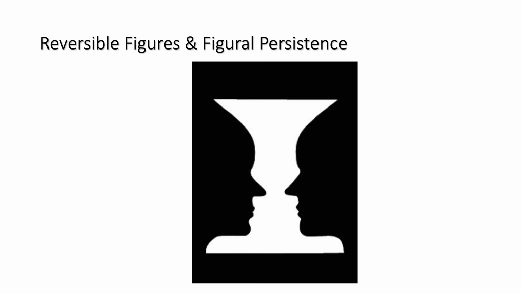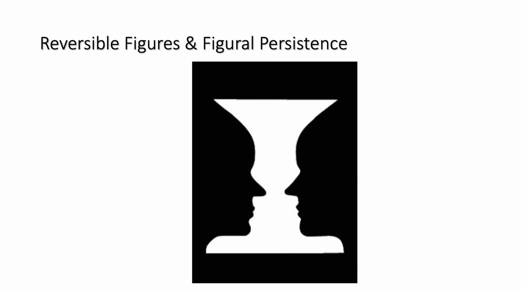If you think the background is black, you probably see a white vase or goblet or chalice. On the other hand, if you decide that the background is white, you probably see two faces looking at each other in profile. So I'll let you take a look at this for a moment. Hopefully you'll be able to see both of those things.